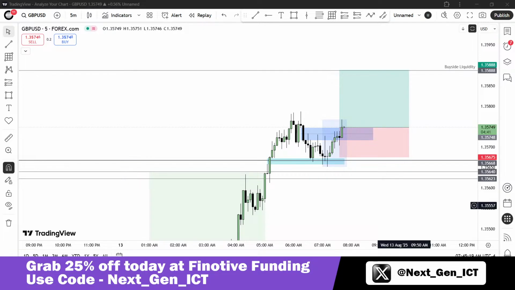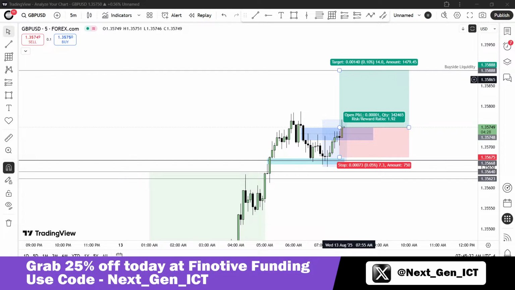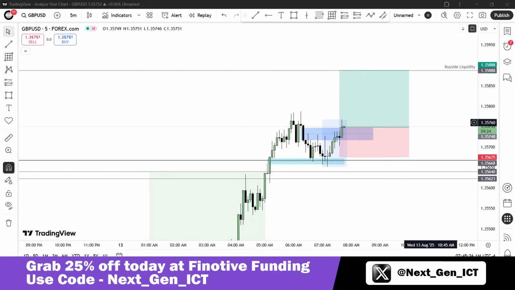Then, if you want to take the trade, target that buy side liquidity. My analysis is that we're gonna take out that high of the day during New York session, and then during London close, we're gonna reverse. Like we're gonna close around that price range.